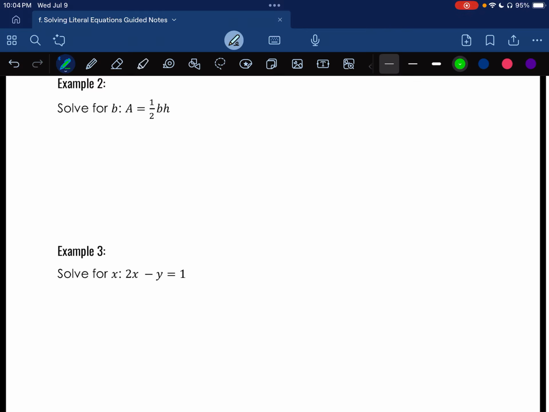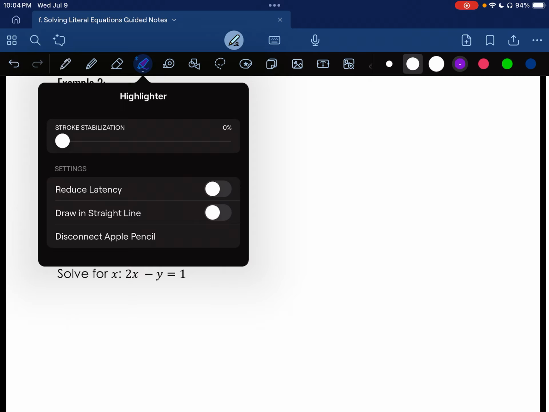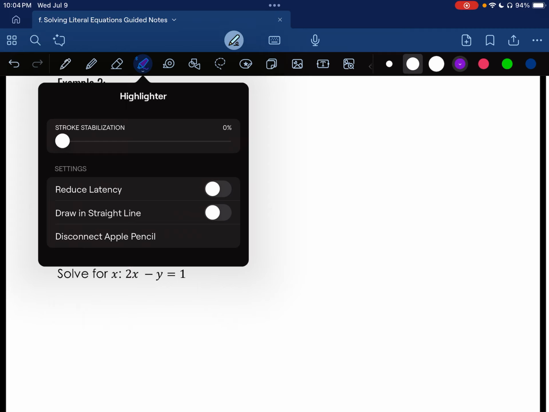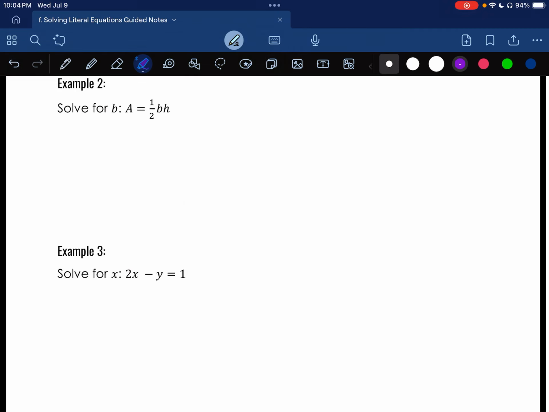So if I want to solve for b, that means I want to find b here, and I want it to be all on its lonesome. I don't want anything else by it. So I'm going to have to use inverse operations to get rid of that 1/2 and that h. First thing I'm going to do is get rid of the 1/2.